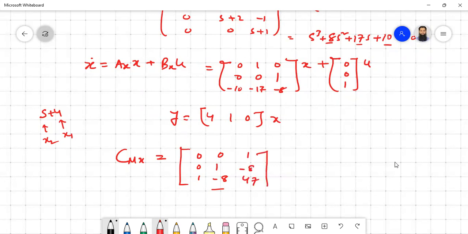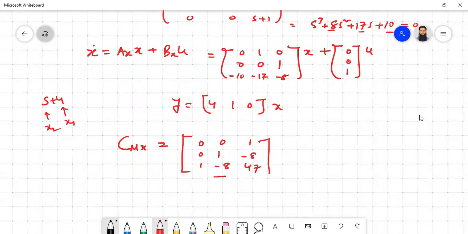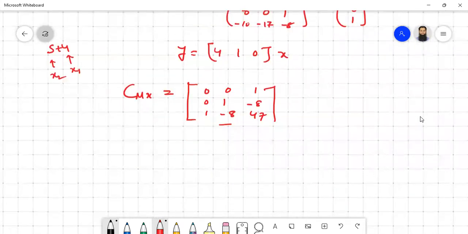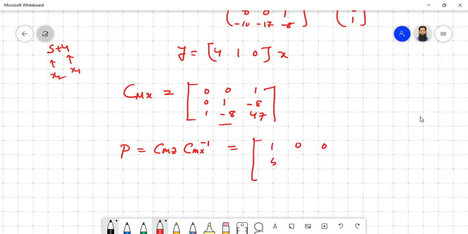Okay. So you now have two matrices, CMx and CMz. So the transformation matrix P can be figured out easily with CMz and CMx inverse matrix, and which will be approximately, according to the book, 1 0 0, 5 1 0 and 10 7 1.